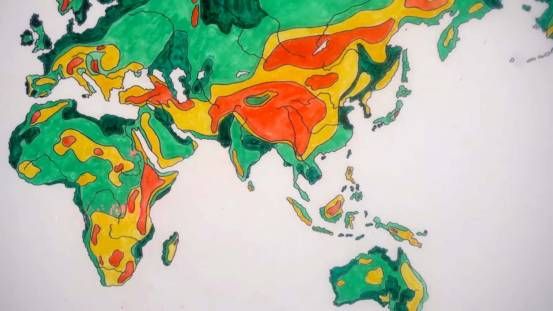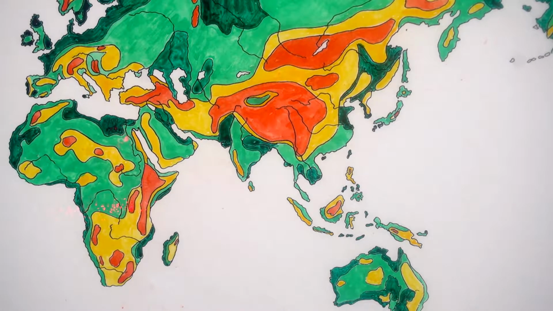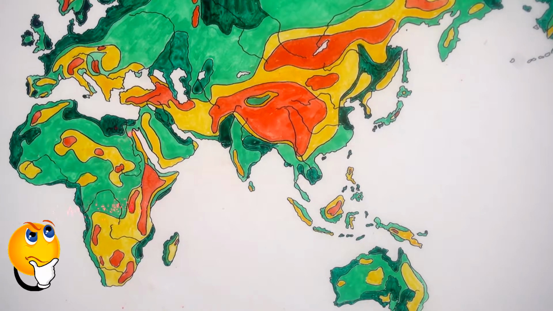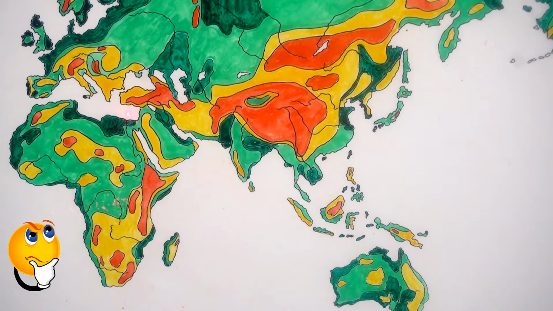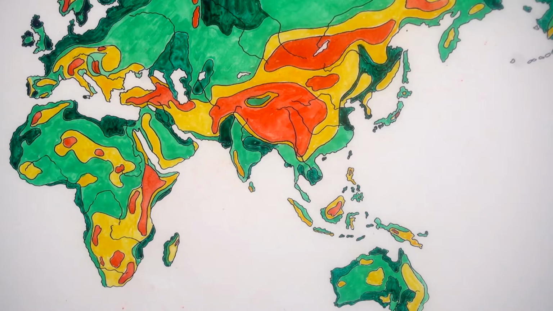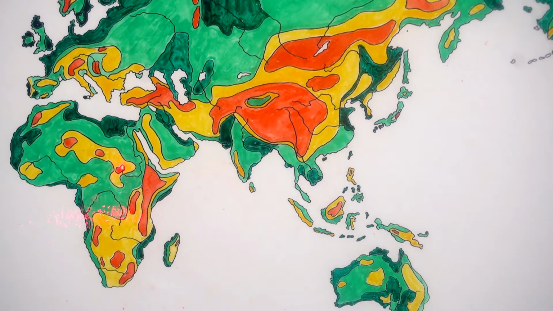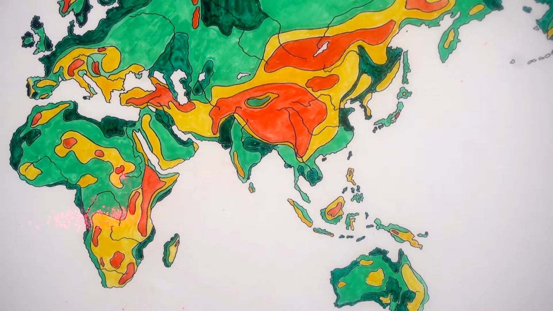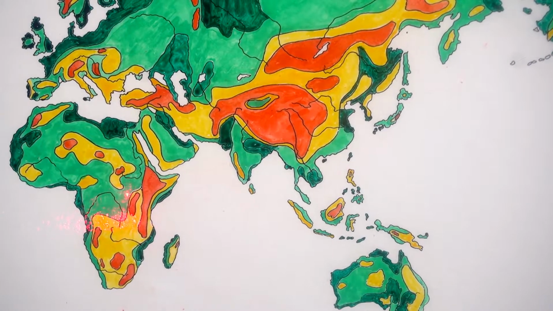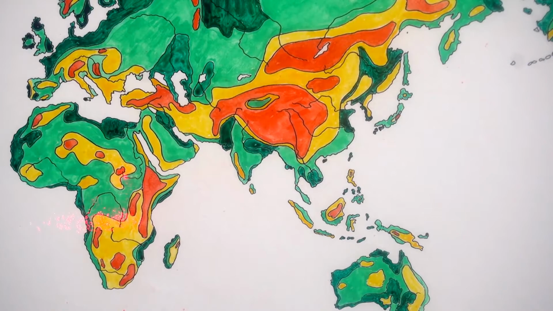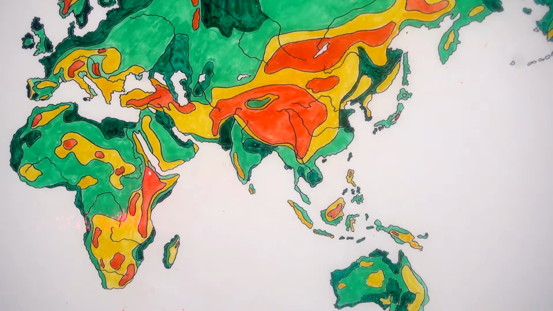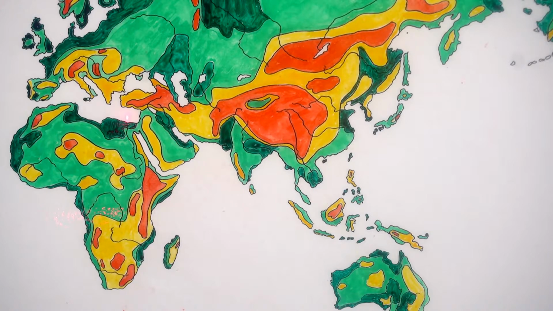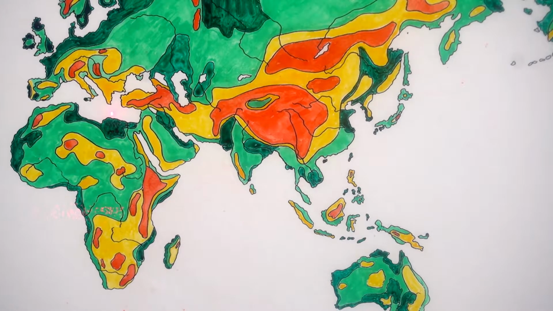I think Egypt is around here. So can you guess what river this could be? I'm sure you got it. This looks like the River Nile. So it goes from this highland to the medium highland to the medium lowlands, all the way to the lowlands, and right here to the Mediterranean Sea.